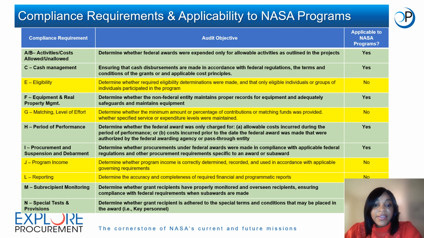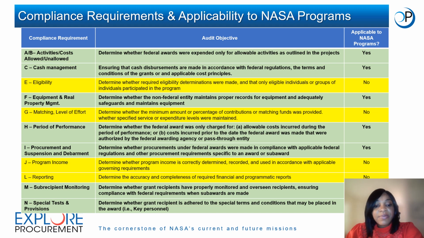For procurement and suspension and debarment, the auditors are testing whether procurements under federal awards were made in compliance with applicable federal regulations and other procurement requirements that are specific to the award or the subaward. For subaward and subrecipient monitoring, they're testing whether or not the grant recipients have properly monitored and overseen subrecipients to ensure that they're compliant with federal requirements when the subawards are made.